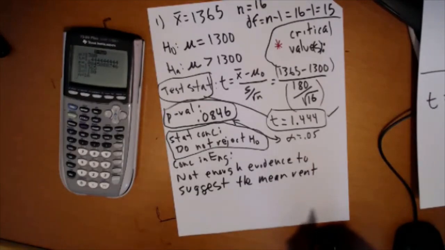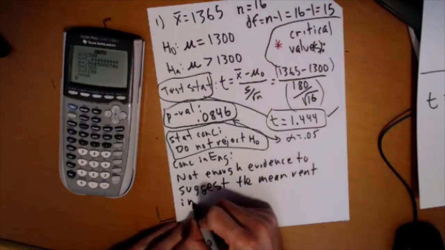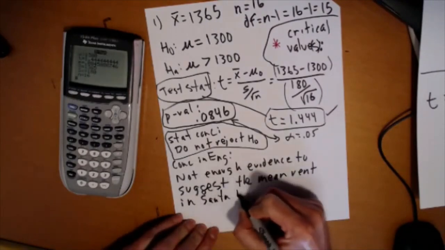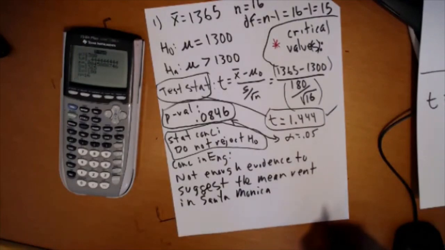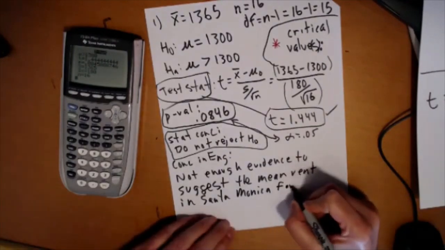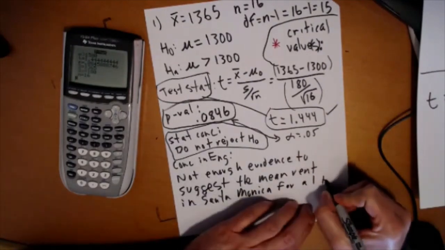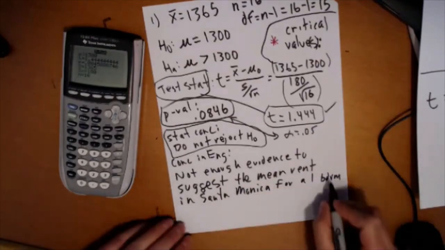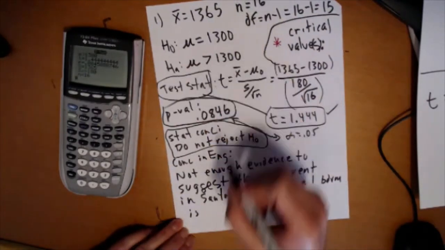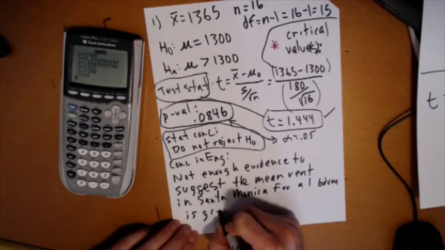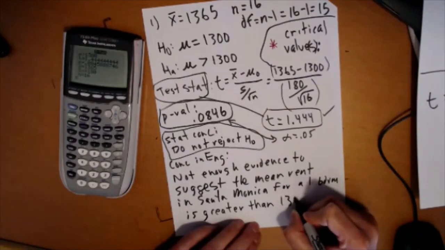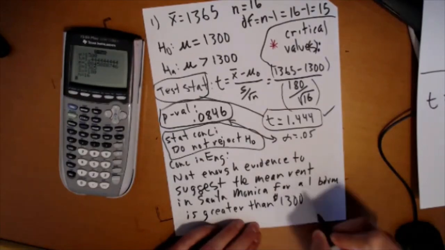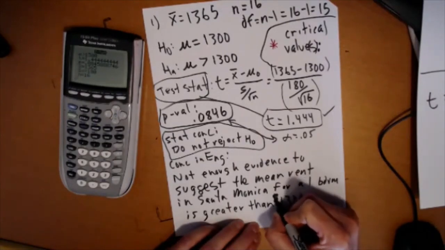The mean rent in Santa Monica. Was it for a 1-bedroom? 1-bedroom is greater than 1300 dollars.